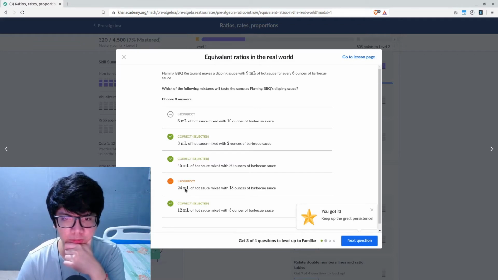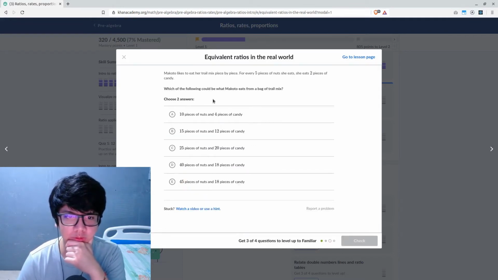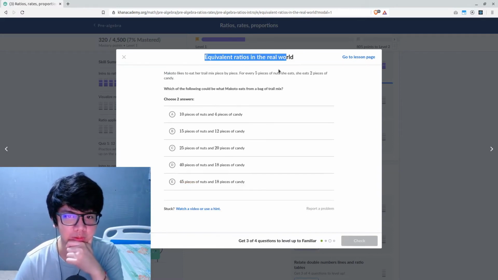24 multiplied. Oh man, this isn't even a multiple of 3. Makoto likes to eat. I hate word problems. Actually, it's just no, it's not. Makoto likes to eat her trail mix piece by piece.